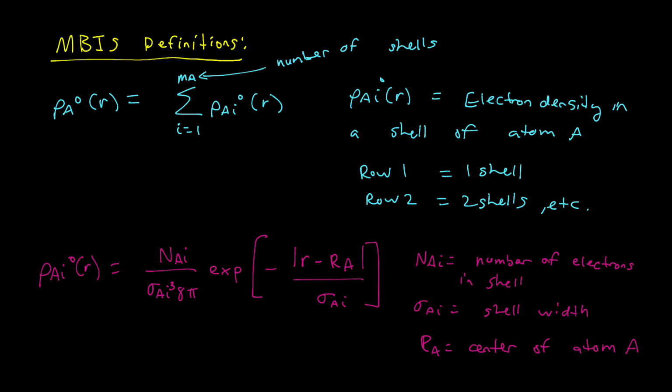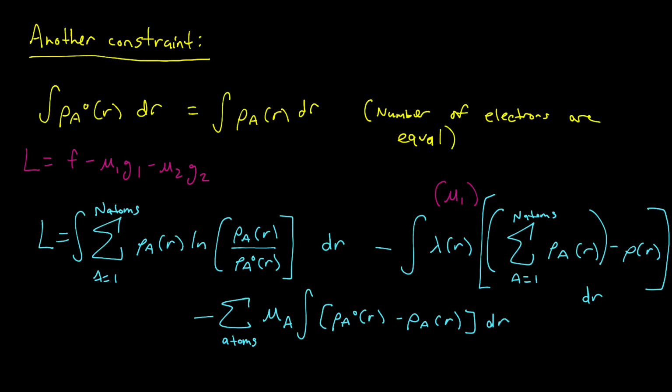N AI is defined as the number of electrons in the shell, and sigma AI is called the shell width. In MBIS, N AI and sigma AI are optimized in an algorithm in order to find the number of electrons assigned to an atom.